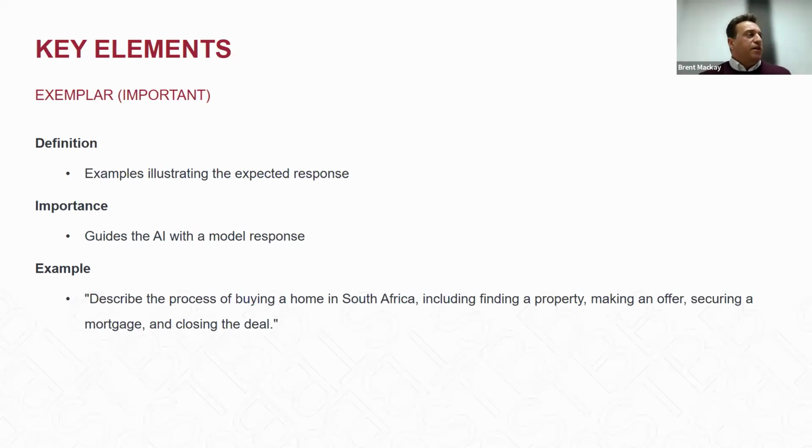Then we've got exemplar. So exemplar is just the example of how you want it to respond. So this is also important because it helps it to structure, or find structure on, exactly how you want it to respond. So you illustrate the expected response. You can do this by not just typing in some details. You can actually refer to other content.